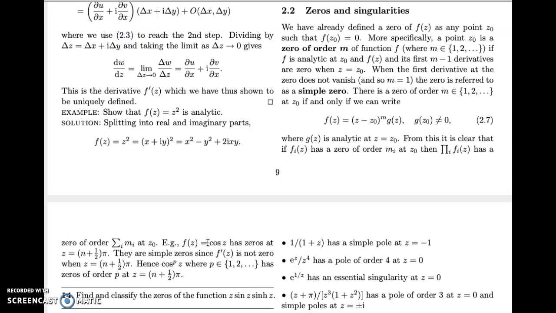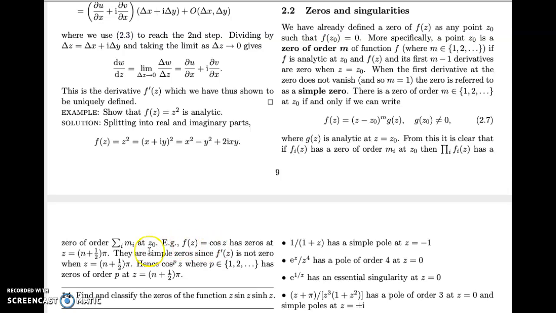So now we get on to some actual definite examples. For example, f of z equals cos z, a very familiar function, has zeros obviously at z equals n plus a half pi, as we've said. Now, as you realise, f dashed of z is minus sin z, which is not 0 at these points. If you plot cos x, then obviously when it's 0, it doesn't have gradient 0.